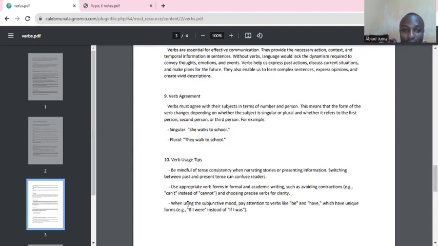Walks is the verb. But in the plural, you remove the s on walks, so it becomes they walk to school. Therefore, you cannot say in plural that they walks to school.